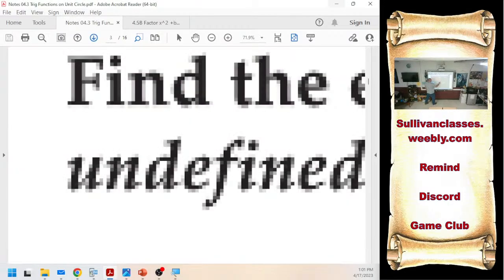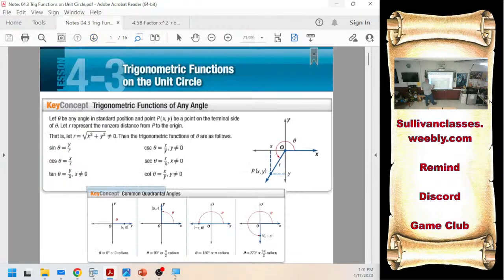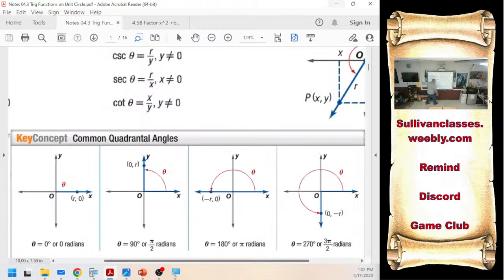Now we have to go back to the beginning and talk about one of the most entertaining words in this section, quadrantal angles. Quadrantal. Sounds like a dentist. Just listen to what it says.